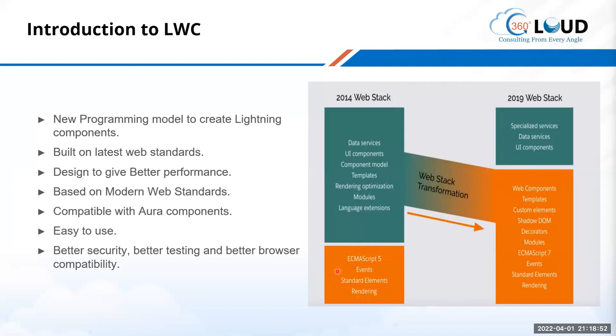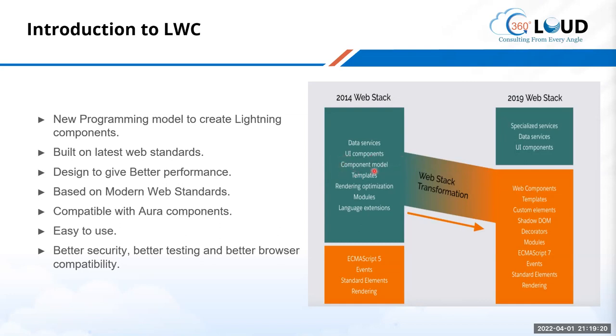In the orange, like ECMAScript 5, they had just events, only standard elements, and just rendering. They were missing data services, some UI components, or a component model. So we had to create our own framework, like Node.js or Aura components, and then web standards had to understand this framework.